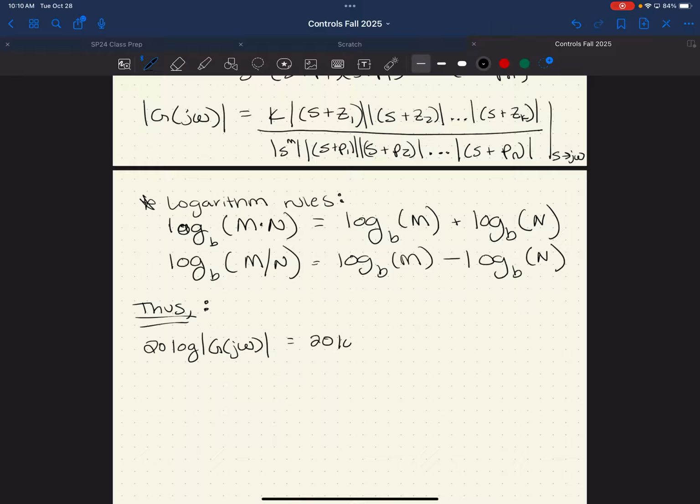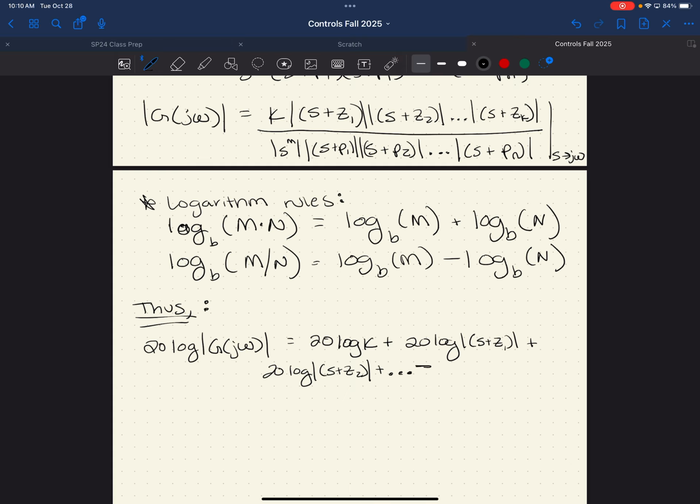So I'll have 20 log k plus 20 log whatever I get from the first zero plus 20 log whatever I get from the second zero, and on and on until I get all the zeros.